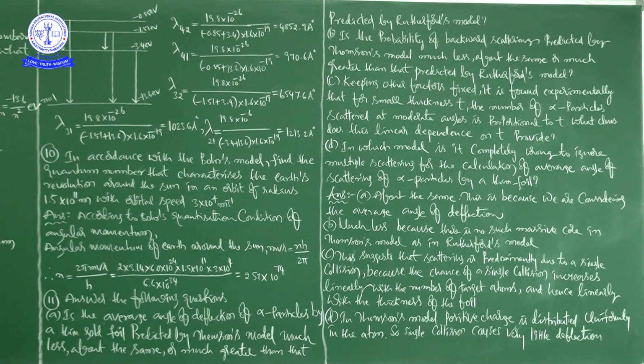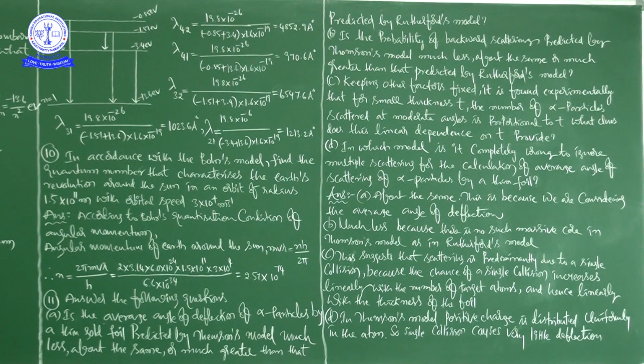That's what he is saying. So once again I will repeat: scattering is predominantly due to a single collision, because the chance of a single collision increases linearly with the number of target atoms and hence linearly with the thickness of the foil.